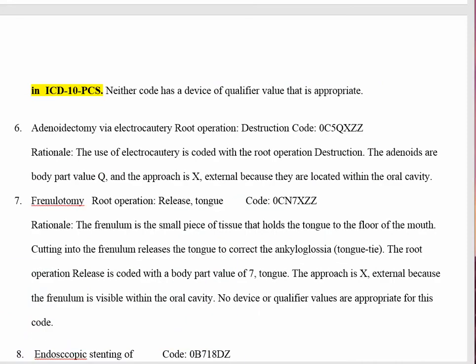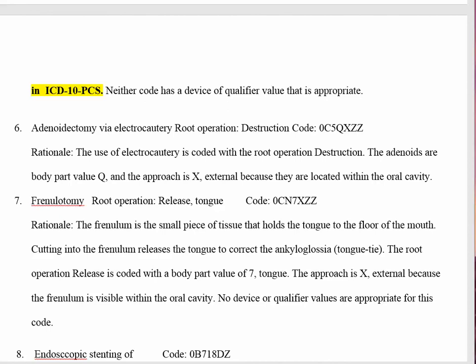So the objective is not to cut it. The objective is to release, so this child's tongue can move in the correct way. Remember, your root operation is the objective or the intention of the procedure. The root operation release is freeing a body part from an abnormal physical constraint by cutting or by the use of force.